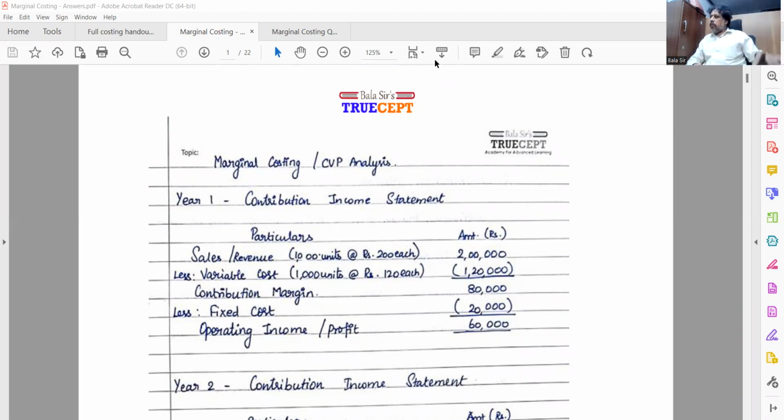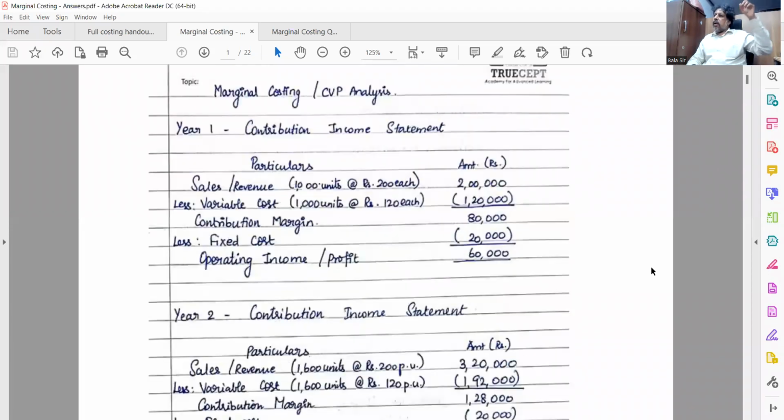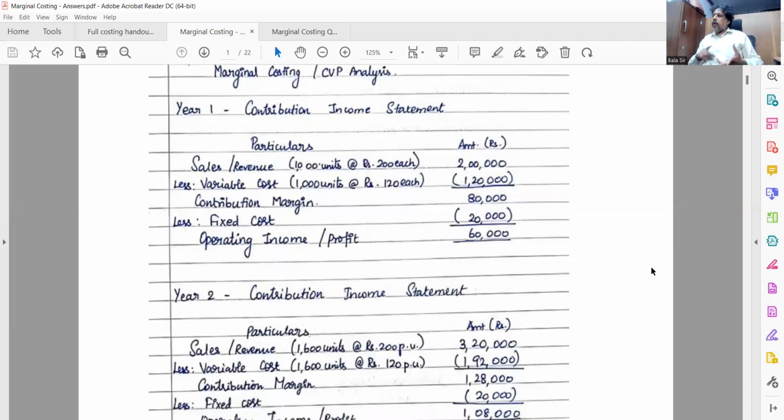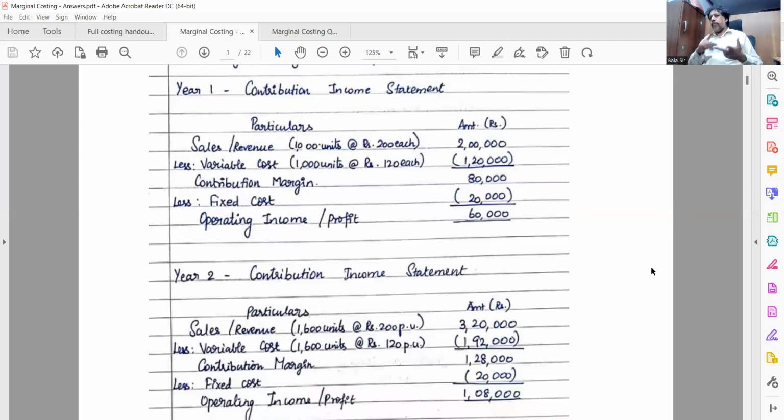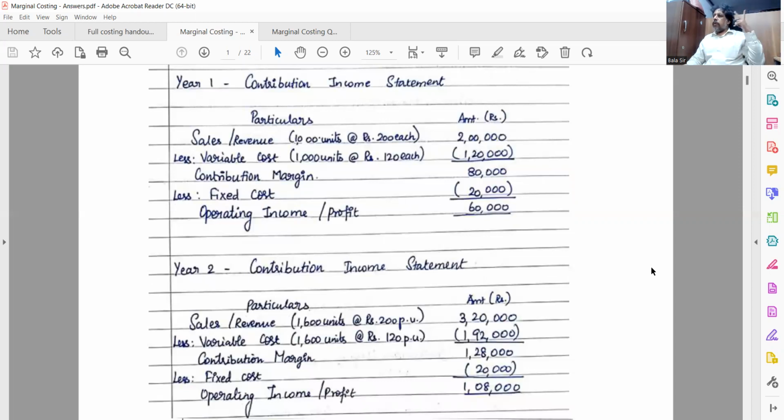Refer to the format given. I have given data for 2 years, year 1 and year 2, two statements, and I call these statements the contribution income statement. Now refer to the year 1 income statement.